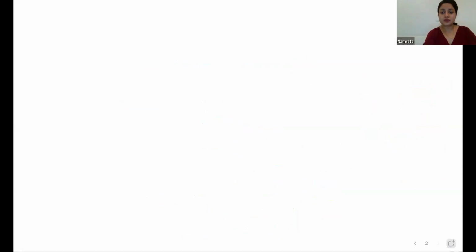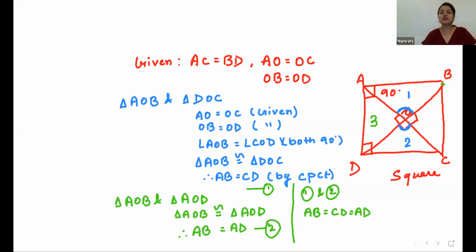So here, if we focus on this quadrilateral, this implies that AB is the same as CD, is the same as AD, is the same as BD. We have proved that. Now we will focus on this triangle. See carefully.